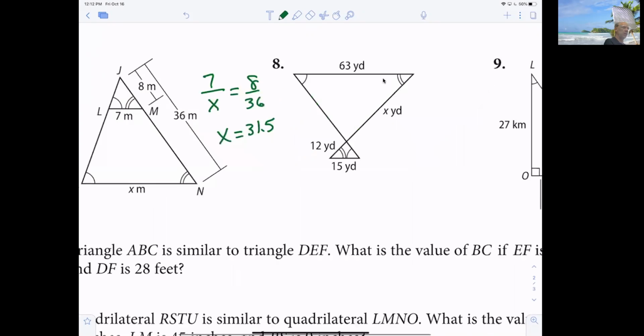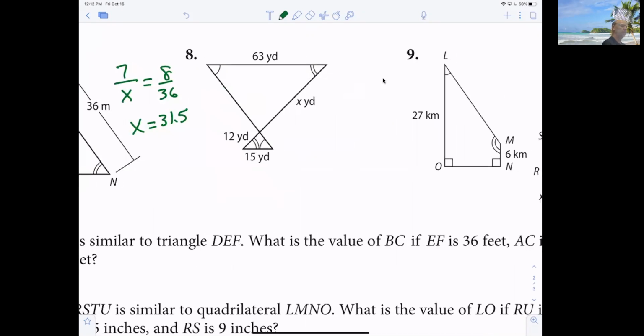All right, Luca, set it up. Let's go. I can't hear you. Come on. 63. You want to do 12 over 15? Okay, 12 over 15.